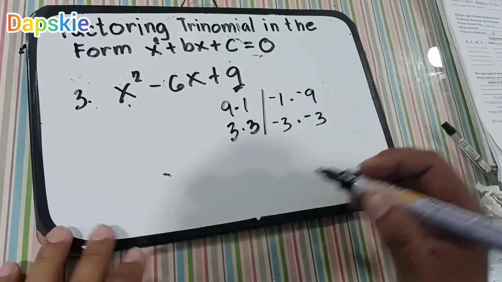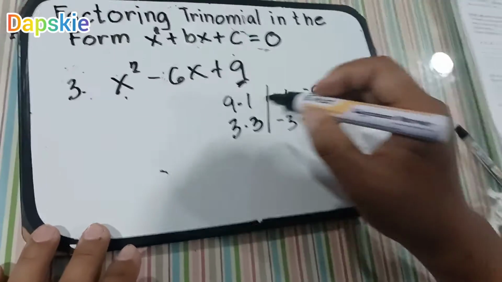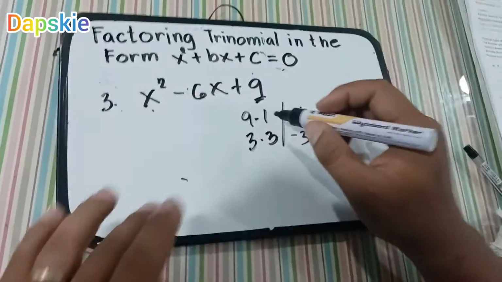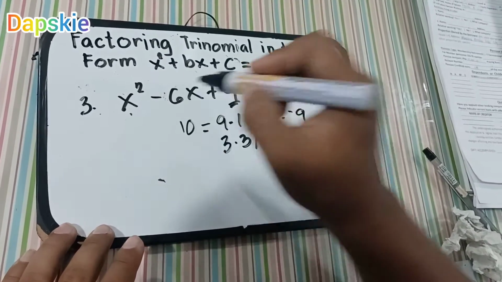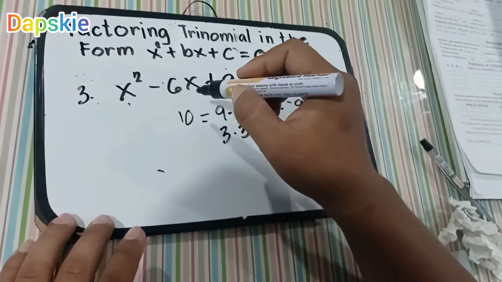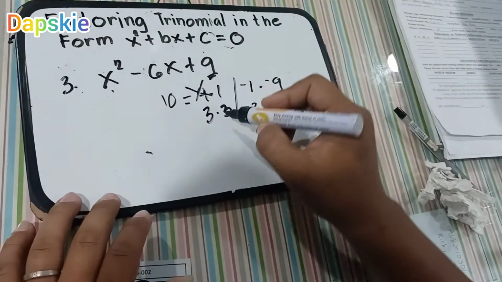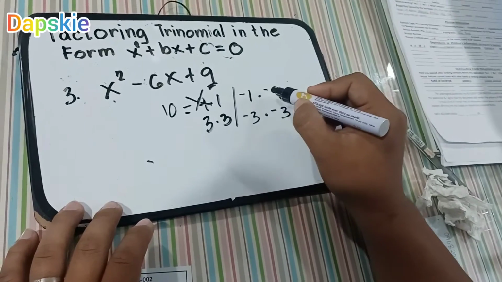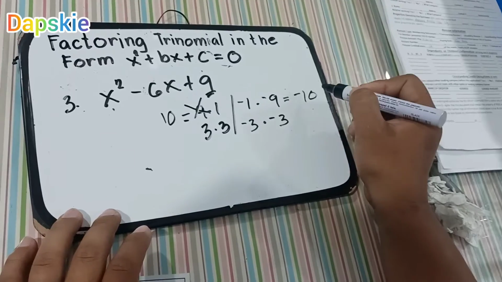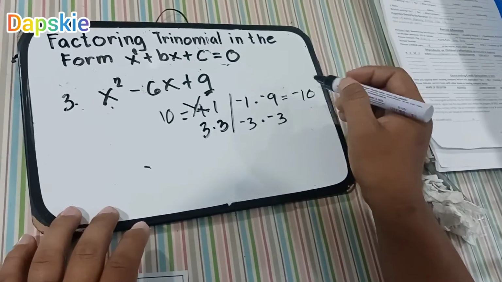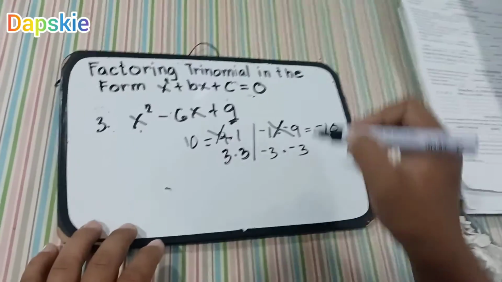Now we are going to find negative 6. If we add 9 plus 1, this is 10, and since we are looking for negative 6, this is not equal. Next, negative 1 plus negative 9 is negative 10, which is not negative 6, so cancel.